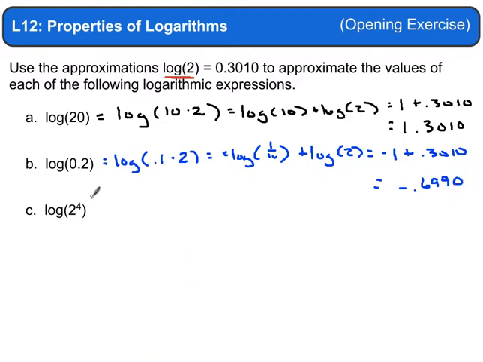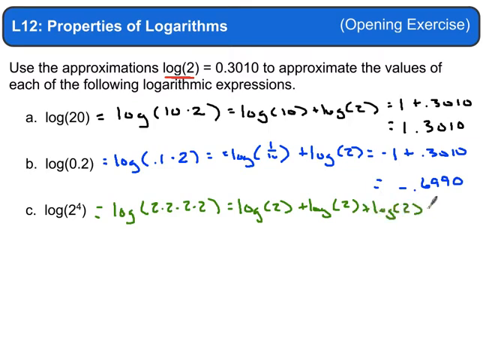And then for this one here, if we were to use the approximation for log 2, that means log of 2 to the 4th power is like saying log of 2 times 2 times 2 times 2, which means I'm adding log 2 plus log 2 plus log 2 plus log 2.